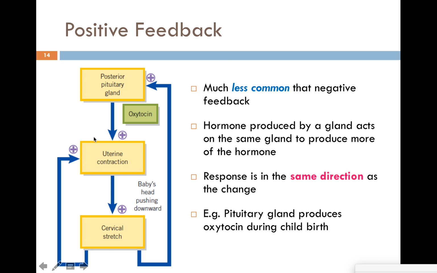Okay, so what happens when you get these initial contractions and the baby's head starts to push downwards? That triggers a release of oxytocin, which in turn triggers more contractions and more stretching, which in turn releases more oxytocin. So we're magnifying the signal each time it goes through.